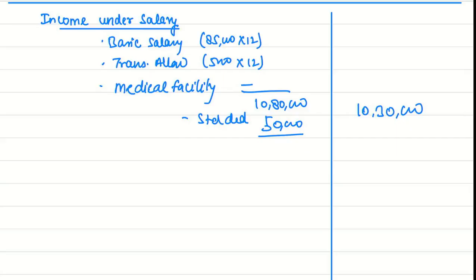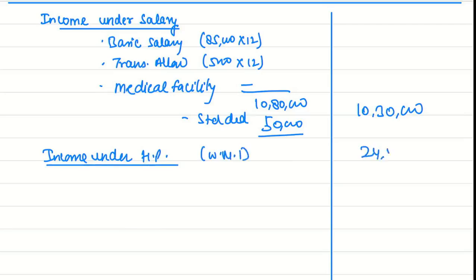Then income under house property. We have already done in working note number 1. I think 24,500 we got, if you remember.